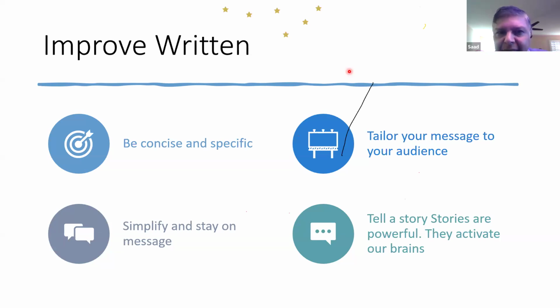Ten of us can say the same thing in different ways. Some of us may say it in two sentences and deliver the message clearly and concisely, and the other may take four sentences with a lot of mistakes. So stay on the message, and simplify the message. The message should be very simple.